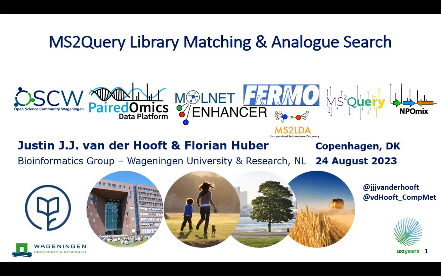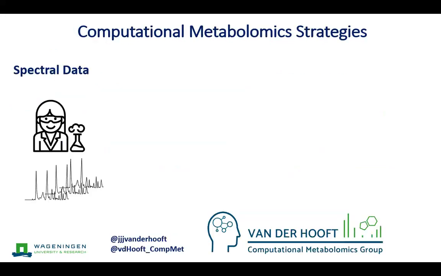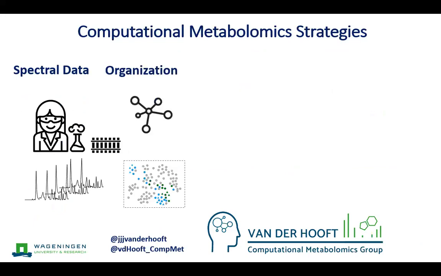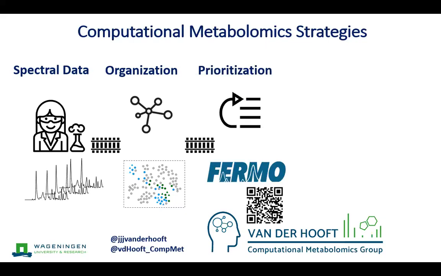So in my group, we're working on various aspects of computational metabolomics. So going from the spectral data of a researcher, we work on the organization of the data, and we just saw an example of that, how we can organize a lot of spectra into a kind of map, so we can try to find out who is related to whom.